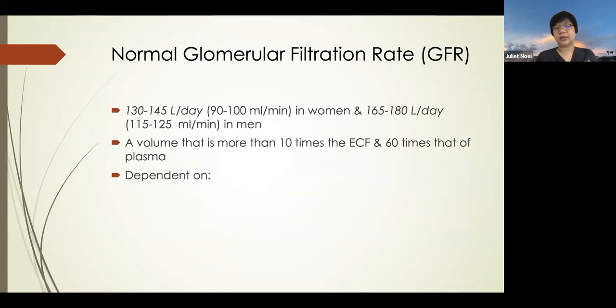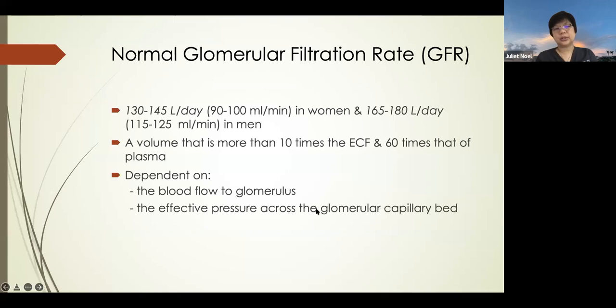So the GFR is dependent on the blood flow to the glomerulus, the effective pressure across the glomerular capillary bed, and the tubular pressure. So these are the factors that would affect our GFR.